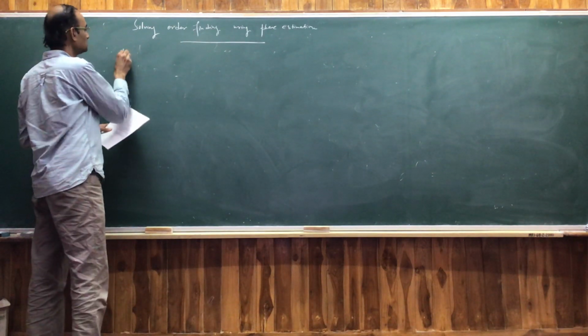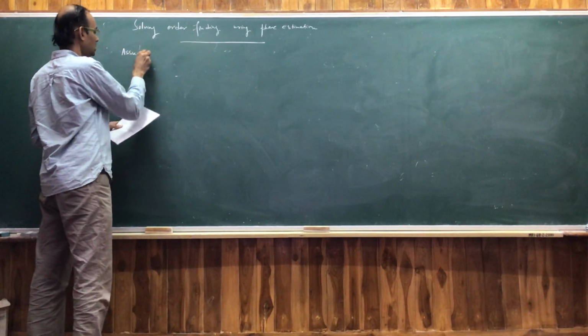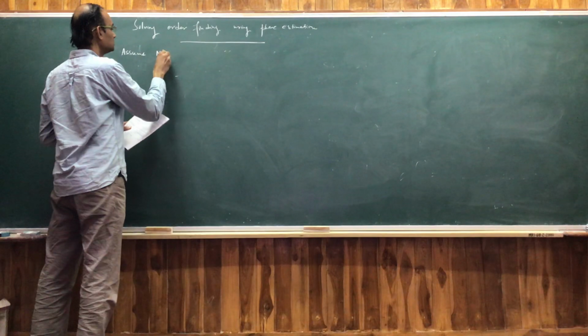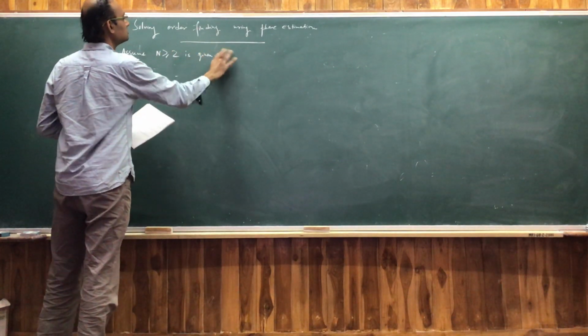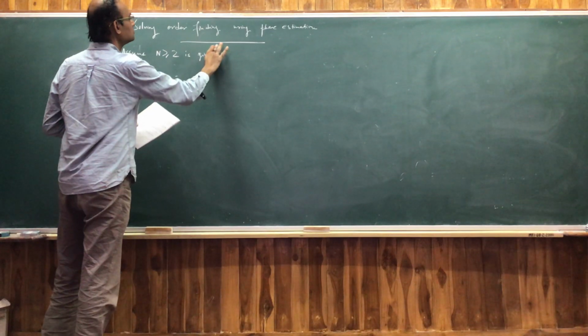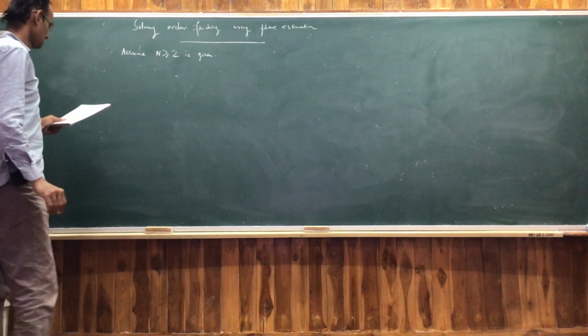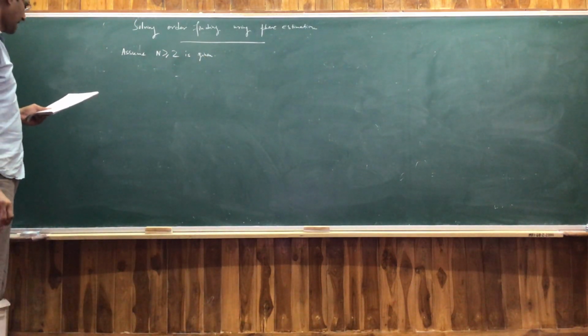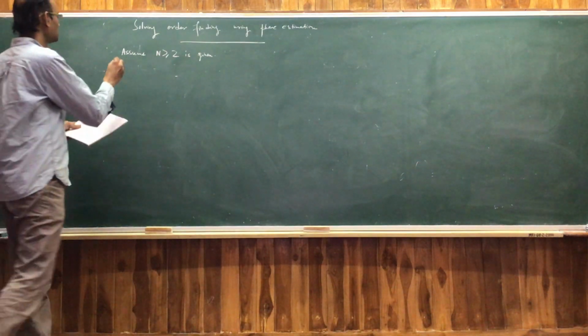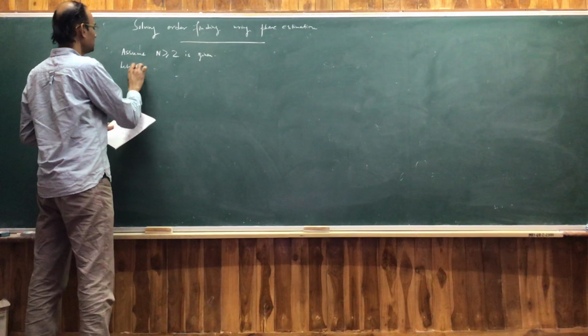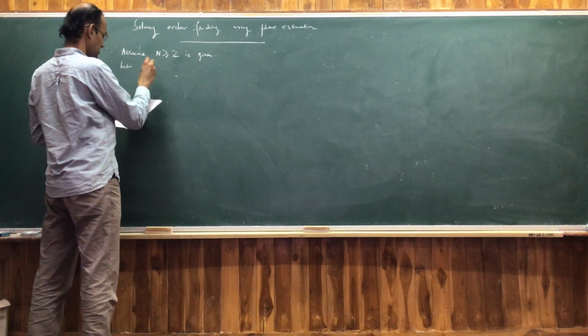So, assume that some n greater than 2 is given. We want to take it into bits.